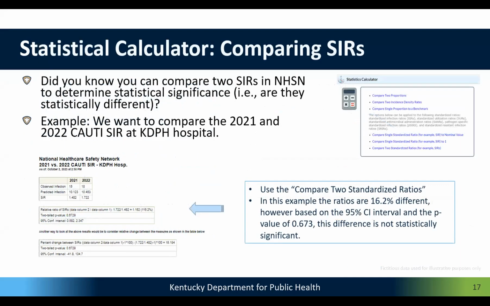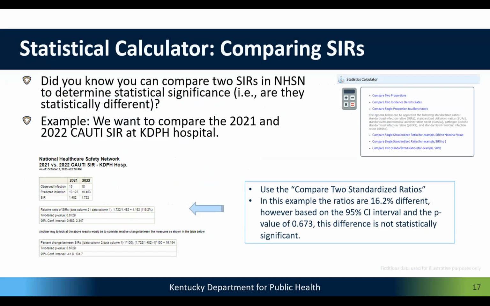And a quick did you know, within NHSN, did you know that you can actually compare two SIRs within NHSN, specifically using the statistics calculator? In this example, we use the compare two standardized ratios option. In this example, we can see that the ratios between 2021 and 2022 for CODI at KDPH Hospital are 16.2% different.